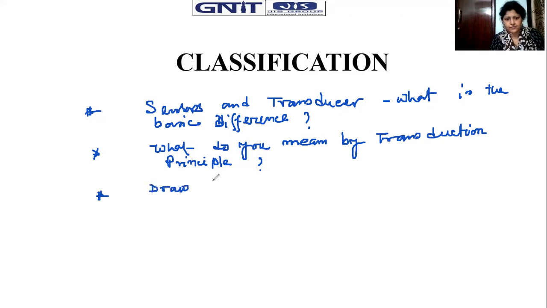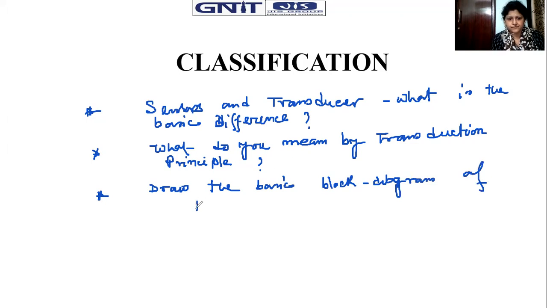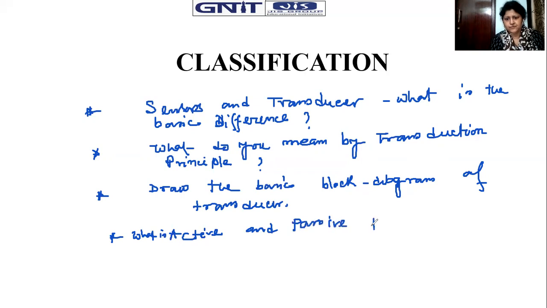Draw the basic block diagram of transducer. What is active and passive transducer? Give example of each.